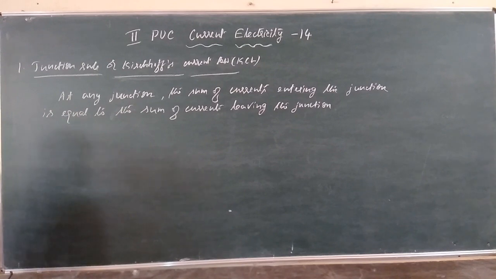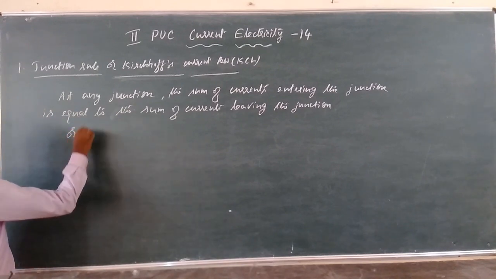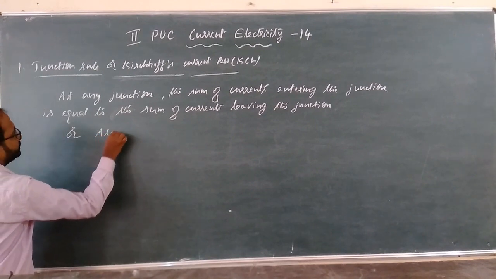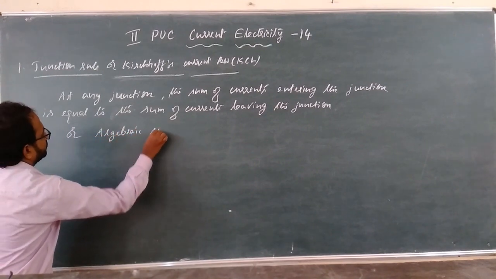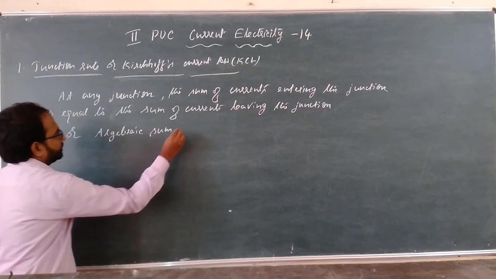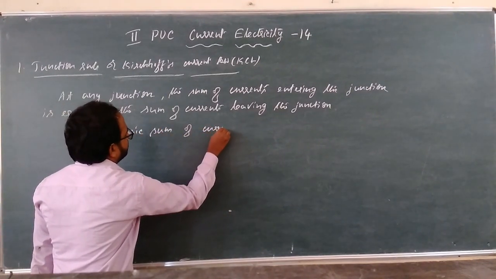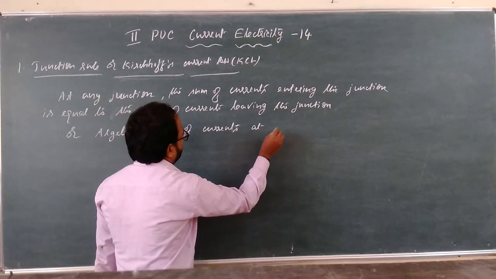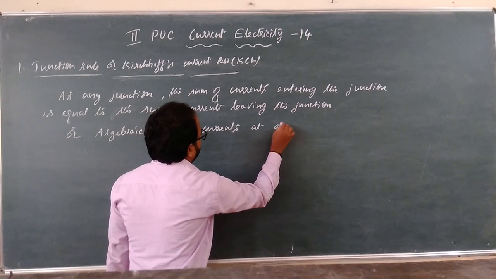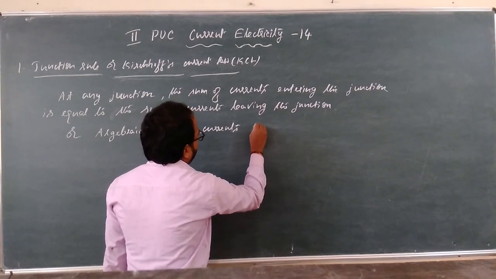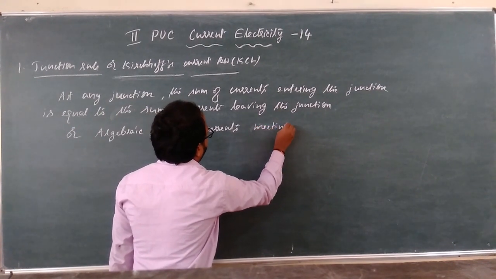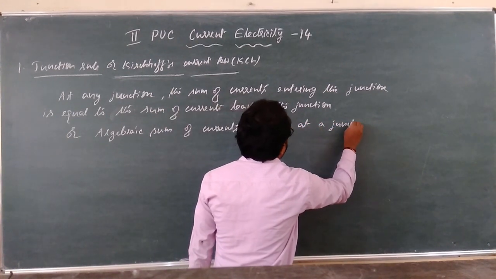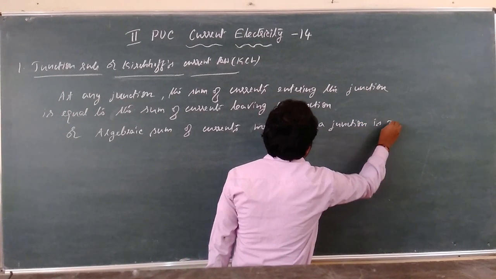sum of currents leaving the junction, or it also can be defined as the algebraic sum of currents meeting at a junction is 0.